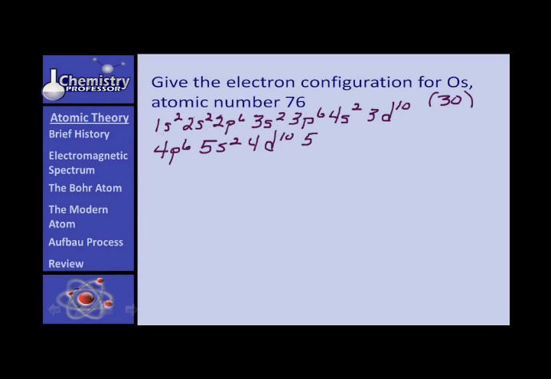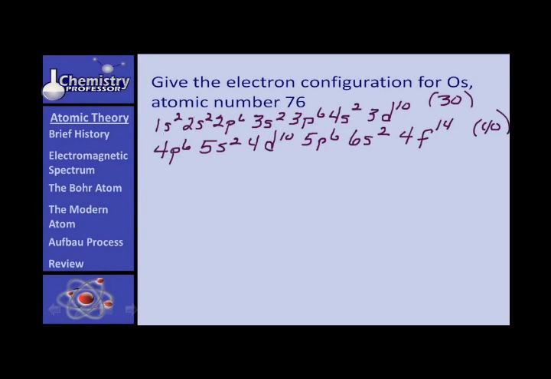Then we have the 5p with 6, then the 6s with 2. Now we go back, way back in, and pick up the 4f with 14. How many did we do on this line? There's 6, 8, 18, 24, 26, 30, 40. This is 40 on this line, so we've done 70.